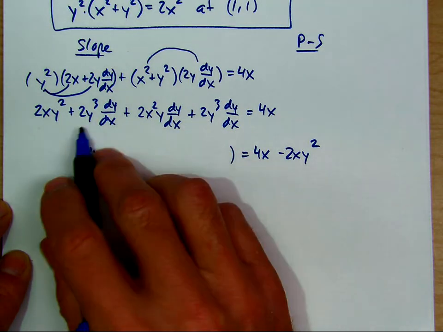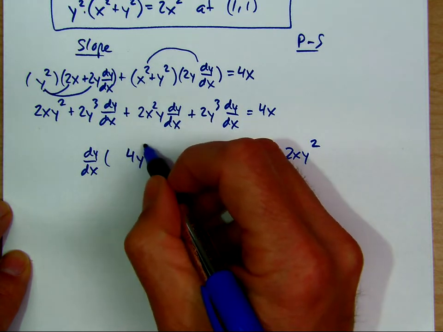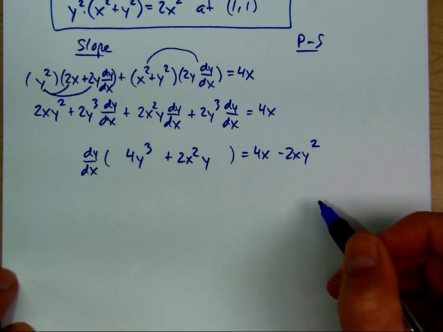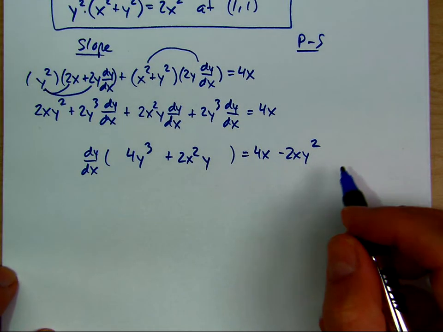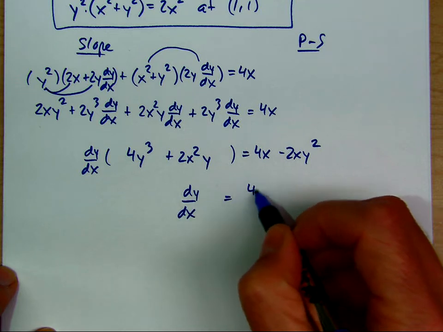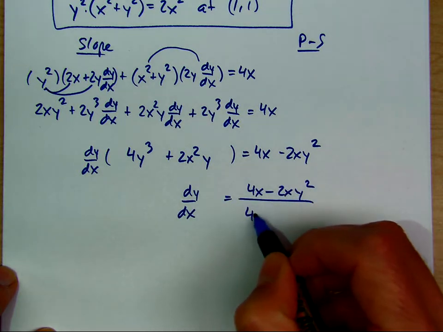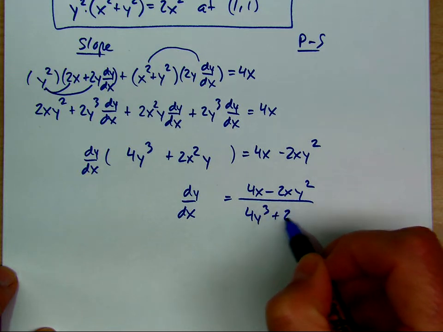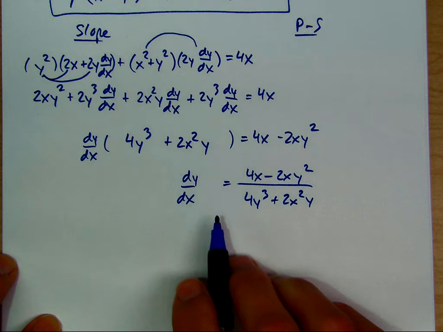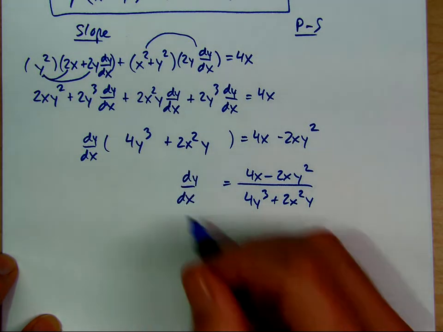And we have 2y cubed, so that'll be a 4y cubed, 2x squared y. Alright, so I just divided both sides by that, and now we evaluate at (1, 1).